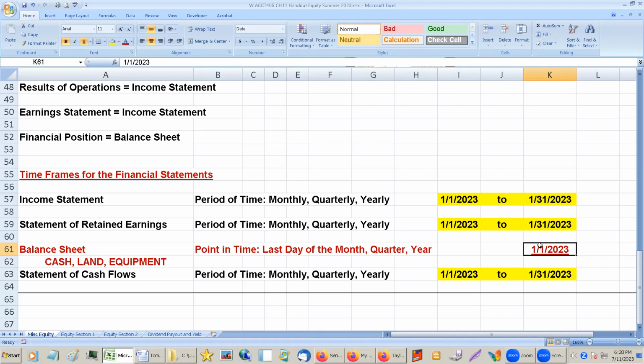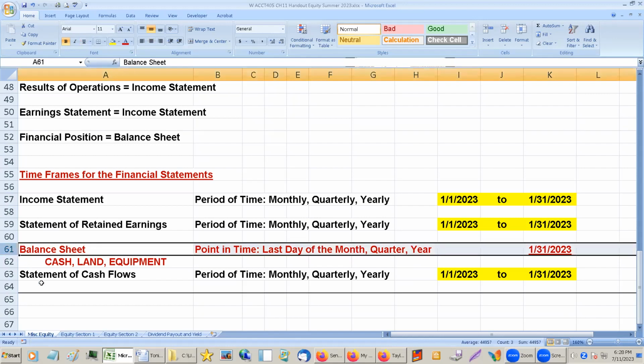Let's say you're making financial statements for the month of January. Everything would be January 1st through January 31st. The exception being the balance sheet would be as of January 31st. So how much cash do you have on January 31st? It's at a point in time.